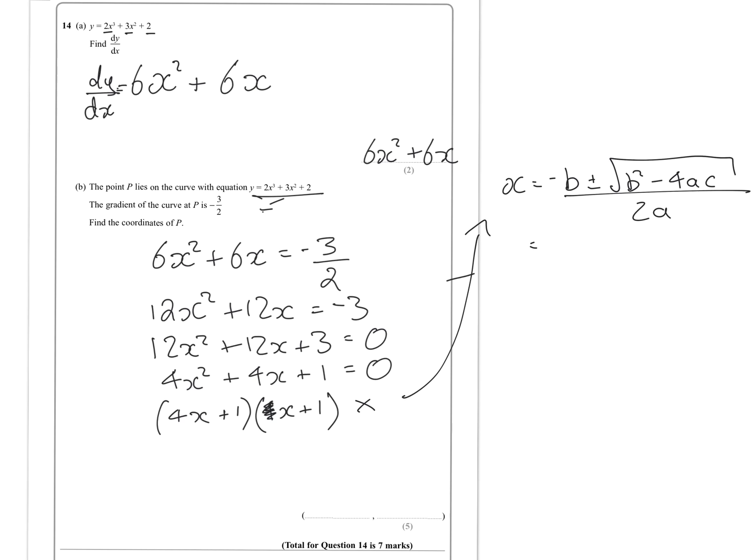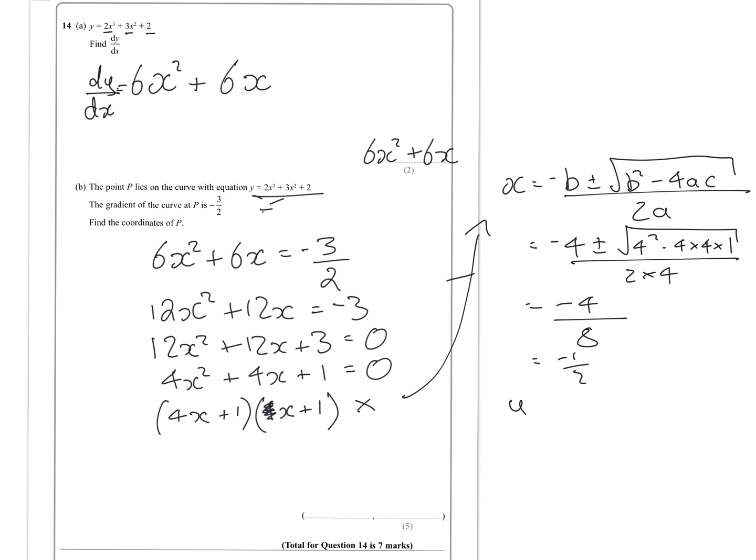So minus b, minus 4, plus or minus the square root of b squared, that's 4 squared, minus 4 times 4 times 1, all over 2 times 4. Well, that's going to be 0, so I've got minus 4 over 8, which is minus a half. So x is minus a half, just one answer.